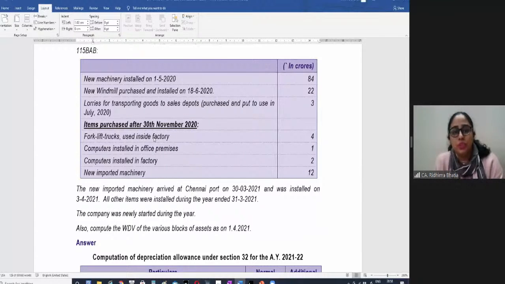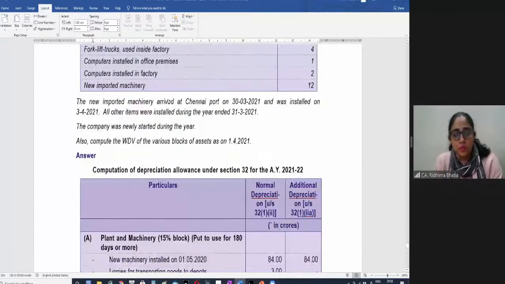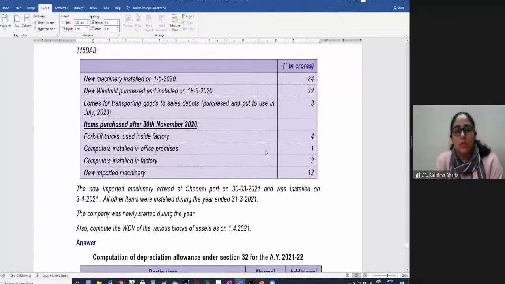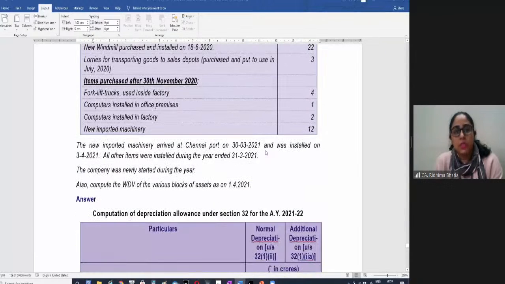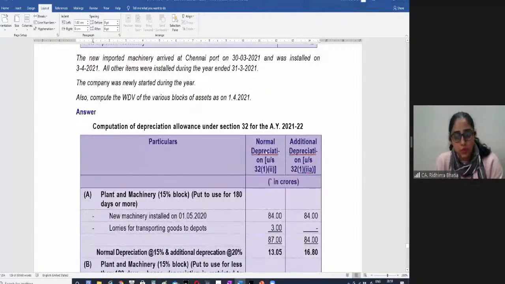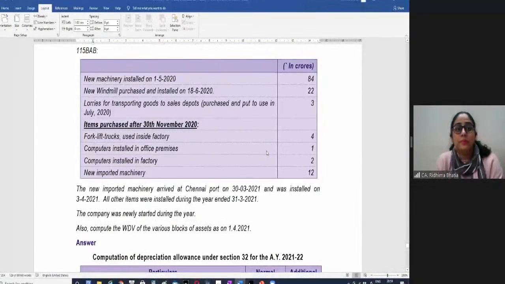Okay, so new machinery installed of 84 crores. Then a new windmill purchased on 18 June for 22 crores. Windmill depreciation would be at the rate of 40%.